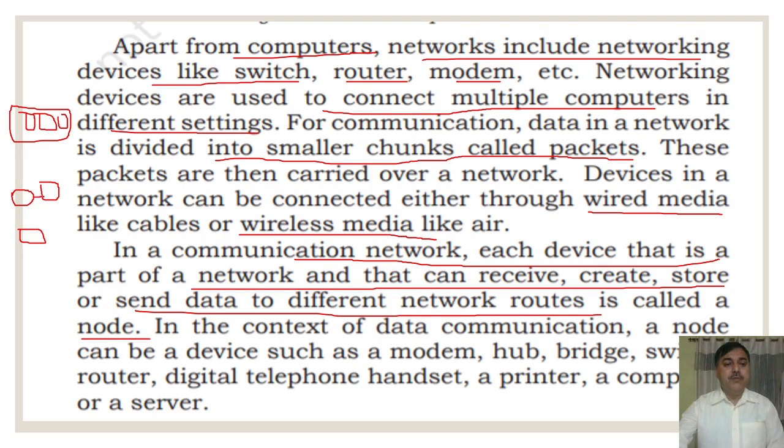From one computer to another, you are sending data from one machine to another machine. This is one node, this is another node, and they are working as nodes. Routing means searching for the network path through which you can send data and information.